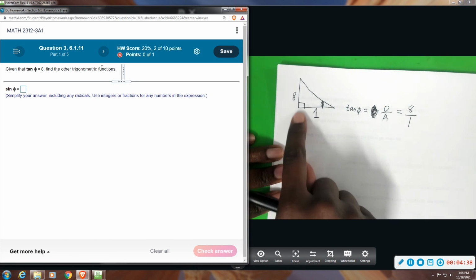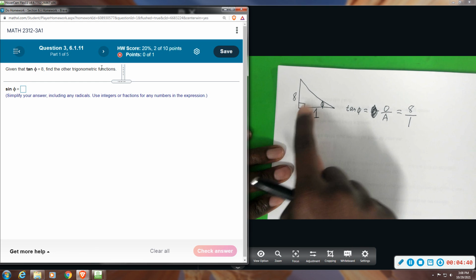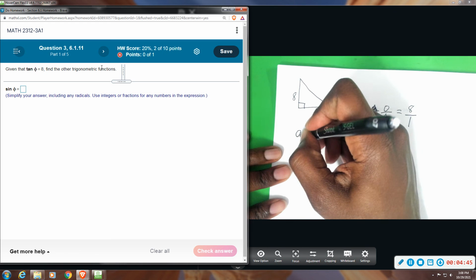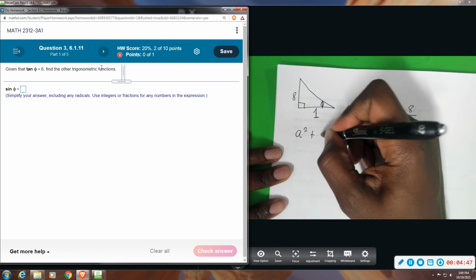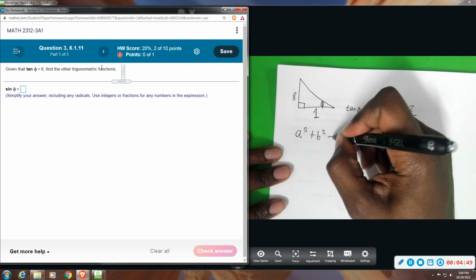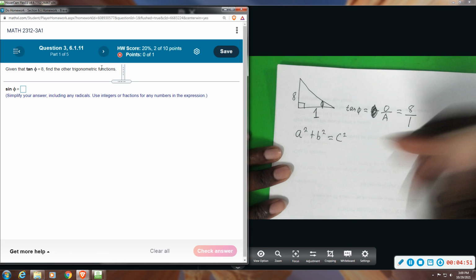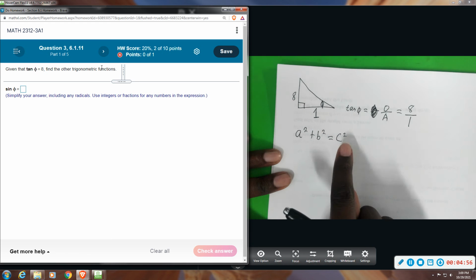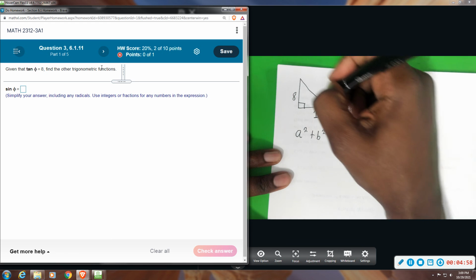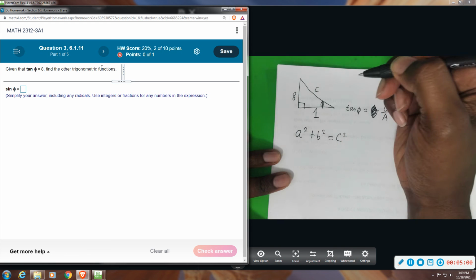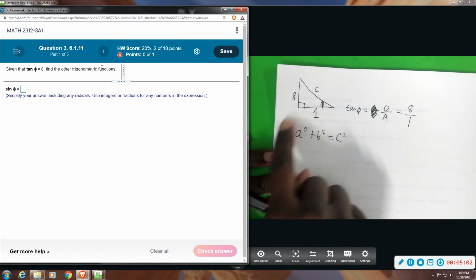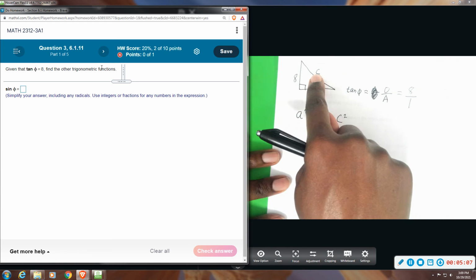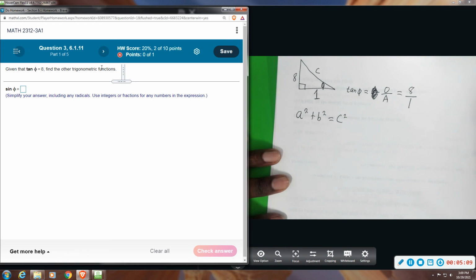Now, since this is a right triangle, we can find the missing side by using the Pythagorean theorem. So we have a squared plus b squared equals c squared. A and B are the legs. It doesn't matter which one are the legs, but what does matter is the hypotenuse, the long side. So this side has to be C. It doesn't matter which one I put, 8 or 1, for A or B. So we're going to find the missing side, and once we do that, we can solve the other trig functions.